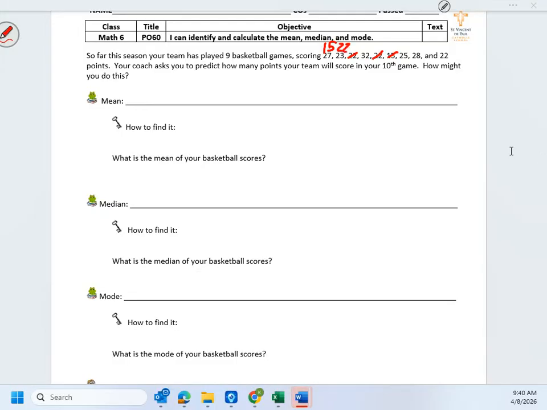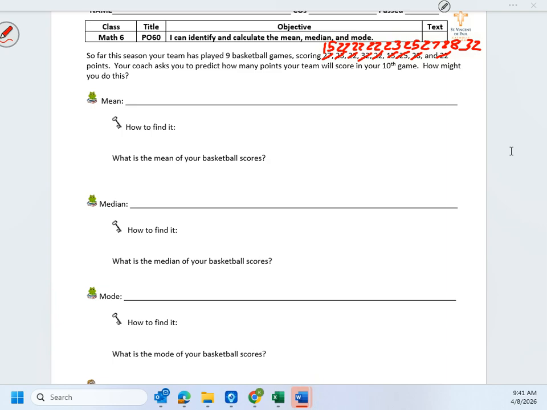We have another 22, another 22, and we have 23, 25, 27, 28, and 32. What did you notice I was doing as I was putting them in order, Matt?